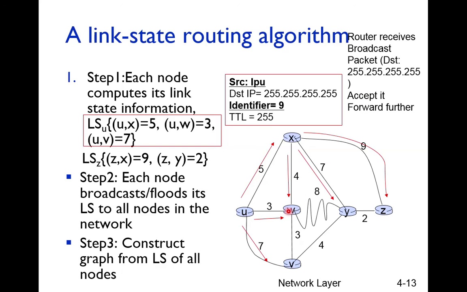If it forwards further, it will retransmit to U, V, and others, so it will create redundant messages.